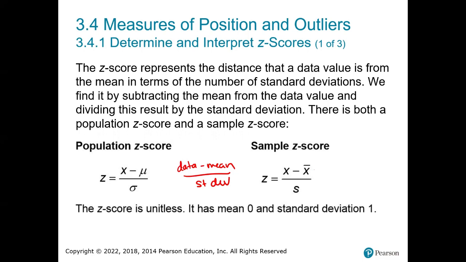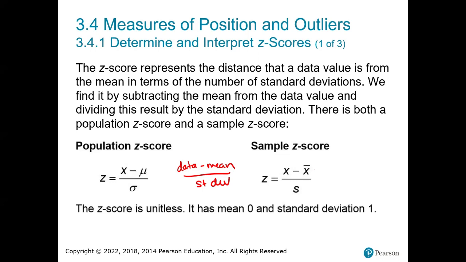So we may not be able to very easily just compare two values to see which is actually better for their gender. So it allows us to compare across data sets, with different means and standard deviations, to see who is better overall.